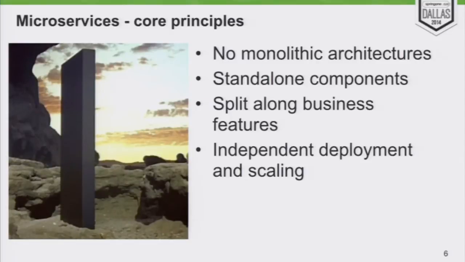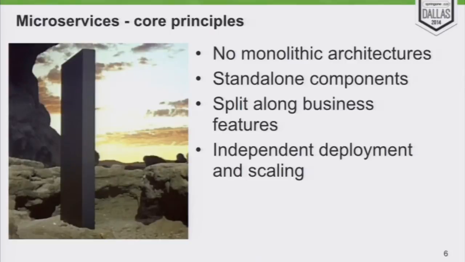So basically, what do we want to achieve through that? We want to break away from monolithic architectures. Why do we want to do that? Because it's hard to scale them. Essentially, if I want to increase the computing power for my application, it's really hard if I have to deploy the entire thing on another node or another node or another node.